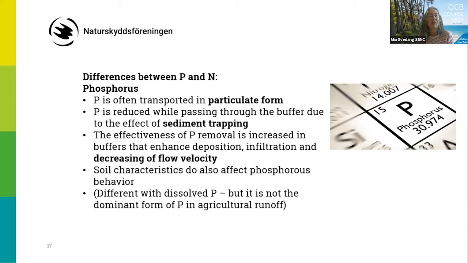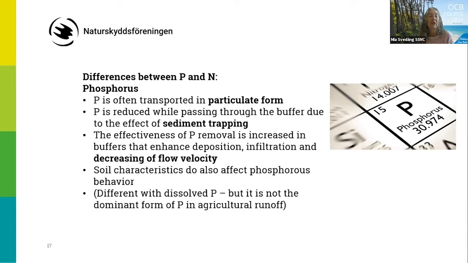So the effectiveness of phosphorus removal is increased in buffers that enhance deposition, infiltration, and decreasing of flow velocity. And soil characteristics also affect phosphorus behavior.